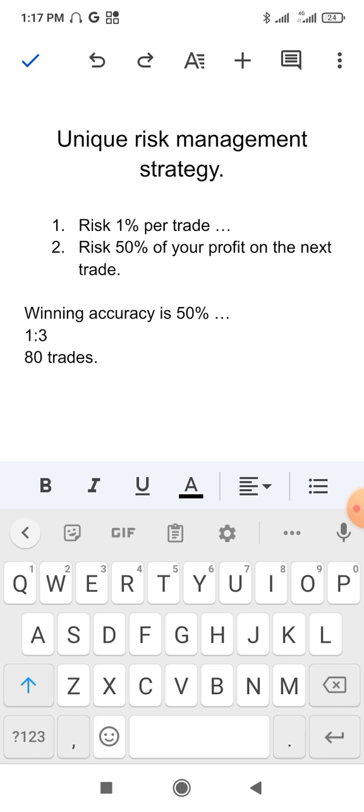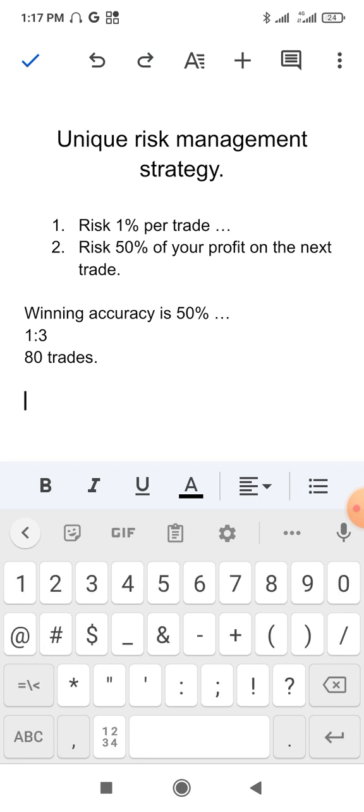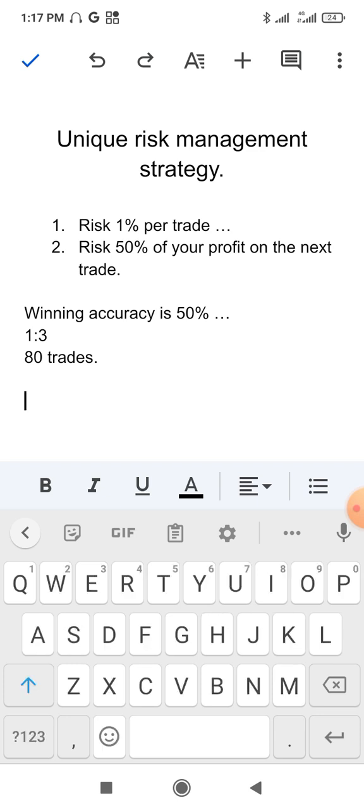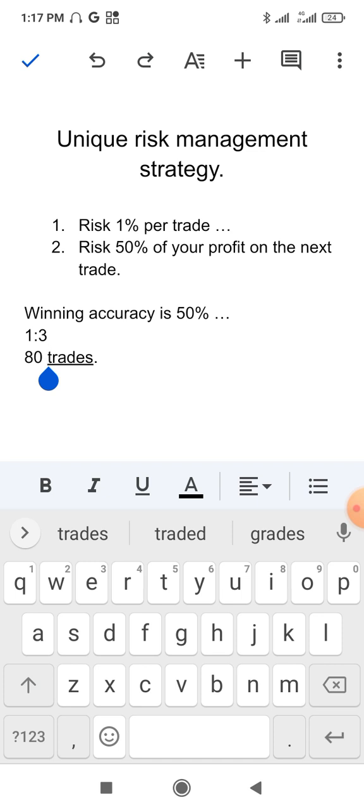And we risk just 1% per trade. Now this is what you need to put at the back of your mind. On each of our trades, we always have 3 TPs. So you are going to open 3 positions, which means you are going to take a minimum of 12 trades every single day.